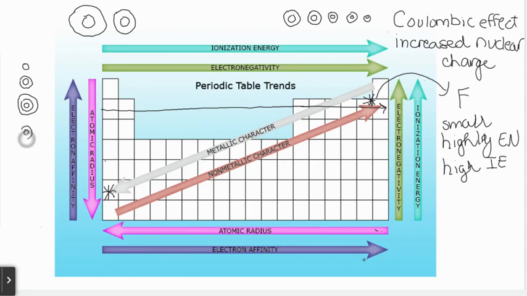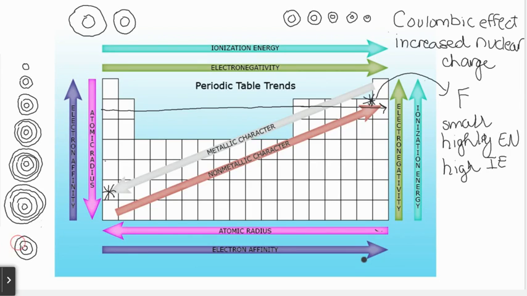These electron shells are going to shield the valence electrons from the pull of the protons in the nucleus. So as you go down a family, the size increases, so the atomic radius increases. The electronegativity decreases, and the reason for that is because the valence electrons on the outside are shielded from the pull of the protons in the nucleus by these full electron shells.